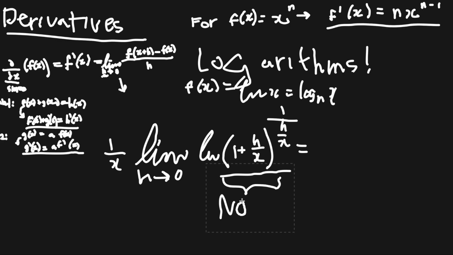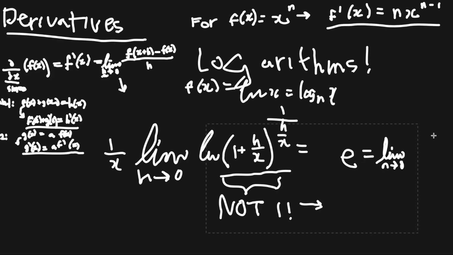The limit of (1 plus h over x) to the power of x over h is not 1, but instead a special number. e, or Euler's number, is defined as the limit as n goes to 0 of (1 plus n) to the 1 over n power.